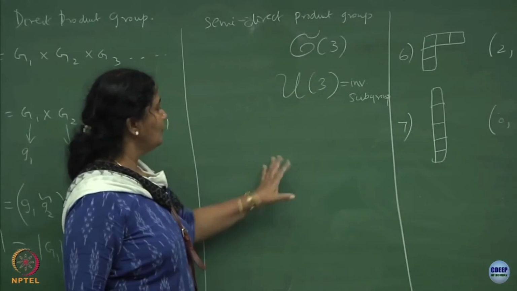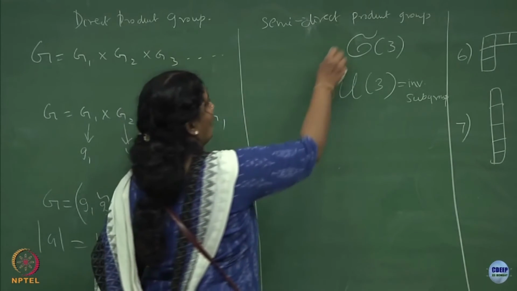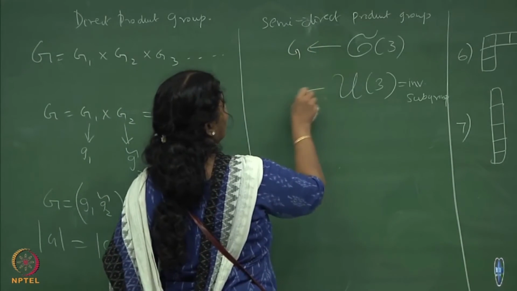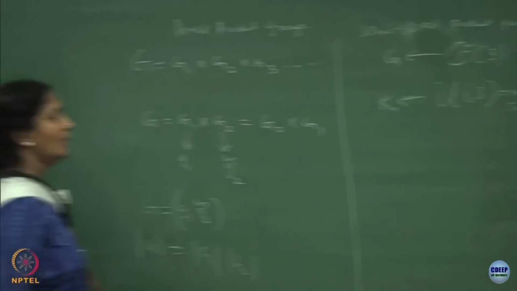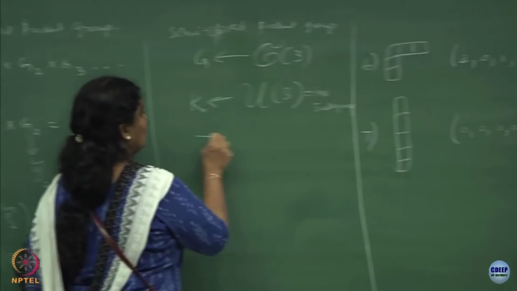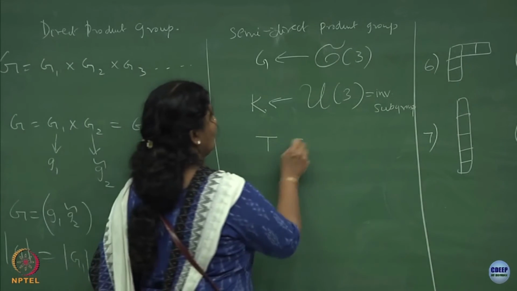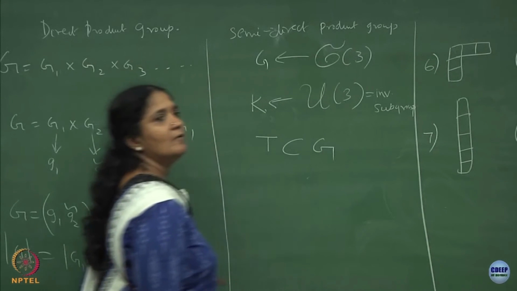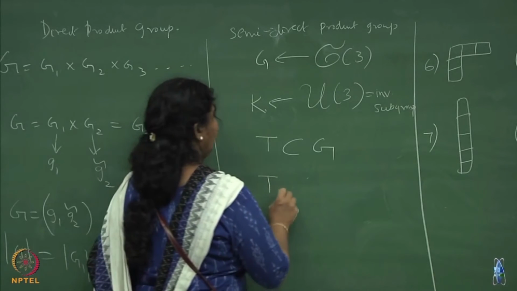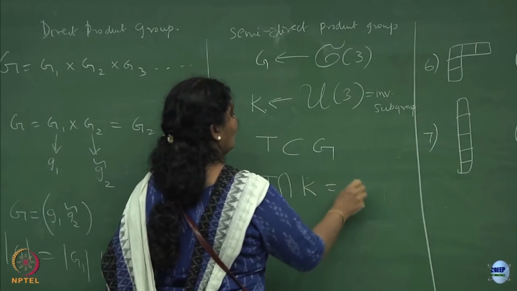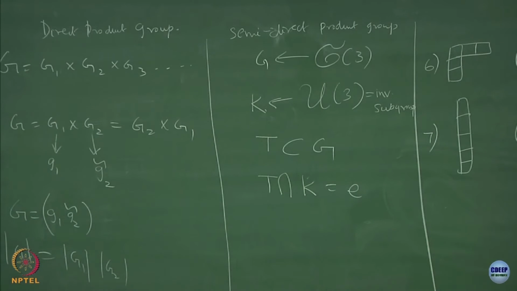And now this group, I call this G, I call this K. I also have another group T which is also a subgroup of G, but T intersection K is only the identity element. Is that right?